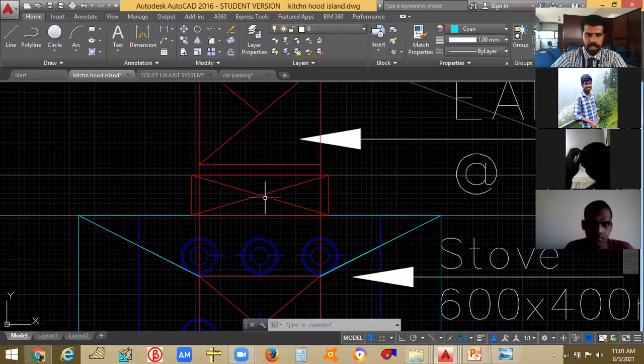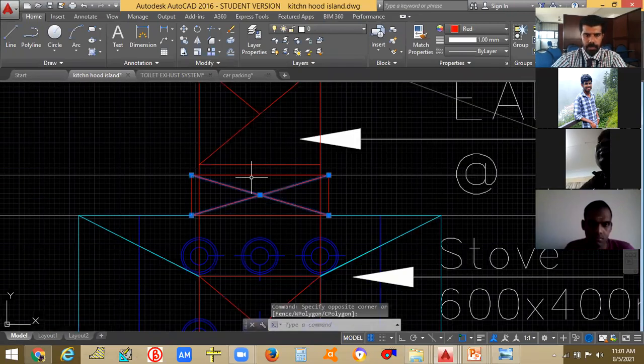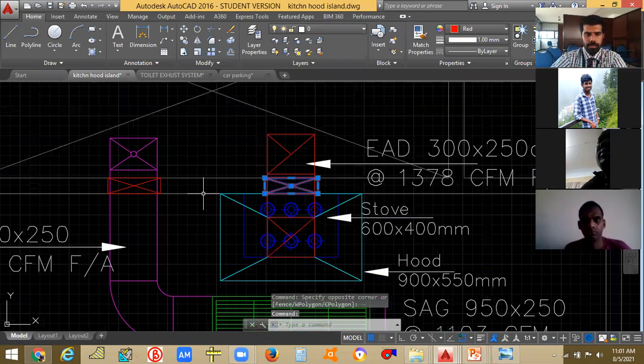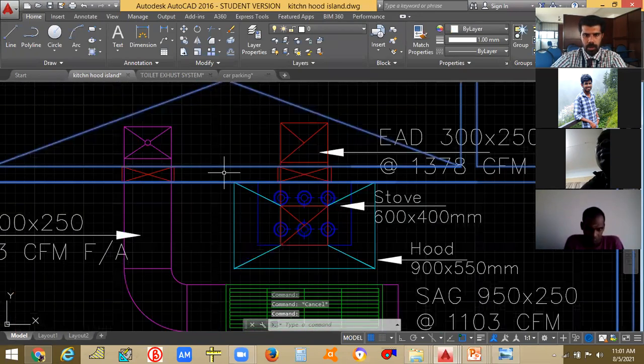This X sign shows that this is a wall. I think you can see this. This is a wall, and you have to break that wall, then only this duct will go through.